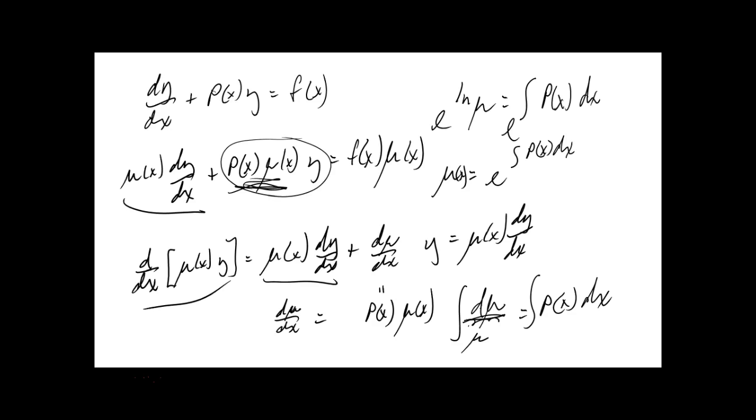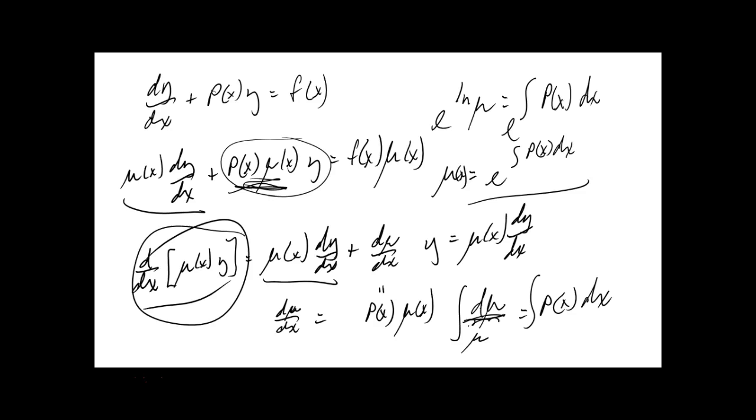And what always winds up is that then the left-hand side becomes a perfect derivative. This mu that you just figured, when you multiply that, that becomes a perfect derivative. And all you have to do is integrate that with respect to dx. And when you do that, that's when you introduce your c.